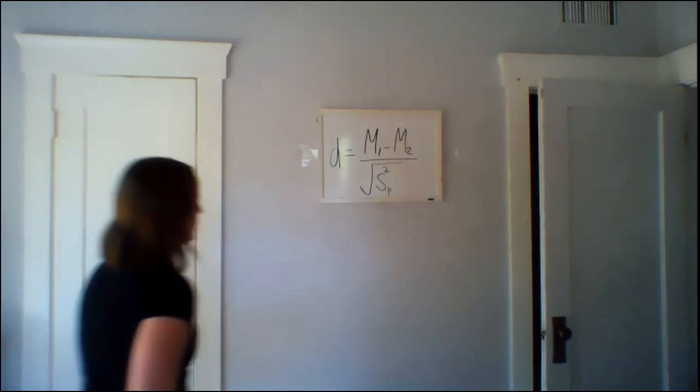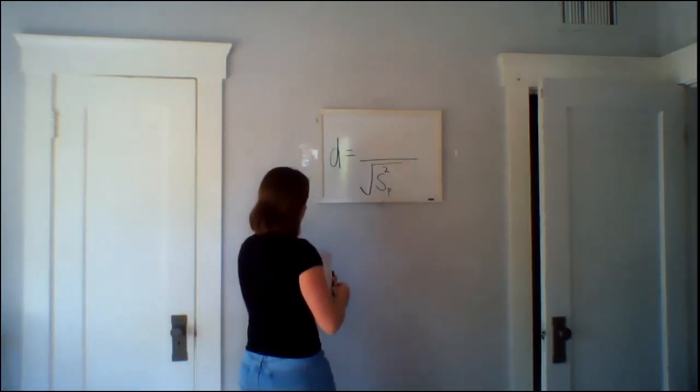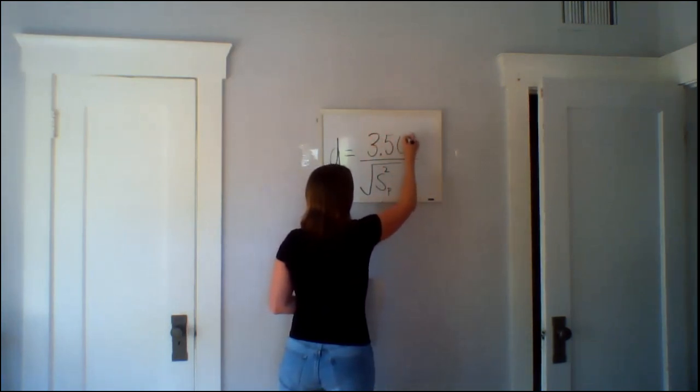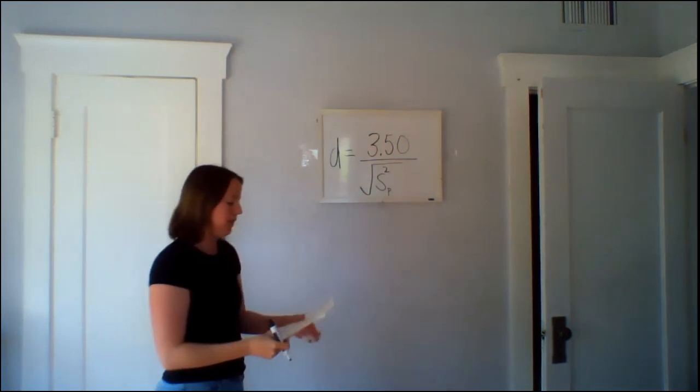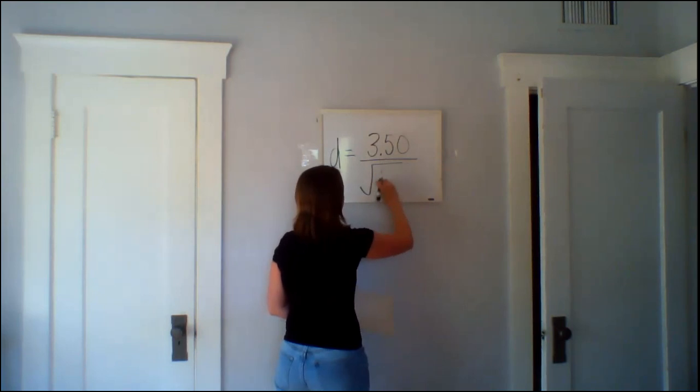Our difference between the 2 samples is 3.5 points. Okay, and if we go back to our problem in the beginning, our pooled variance was equal to 13.5.